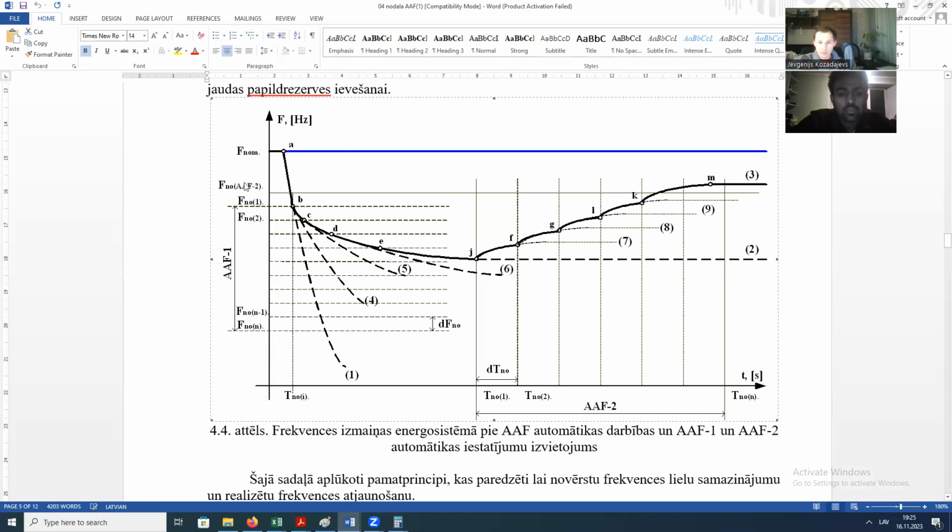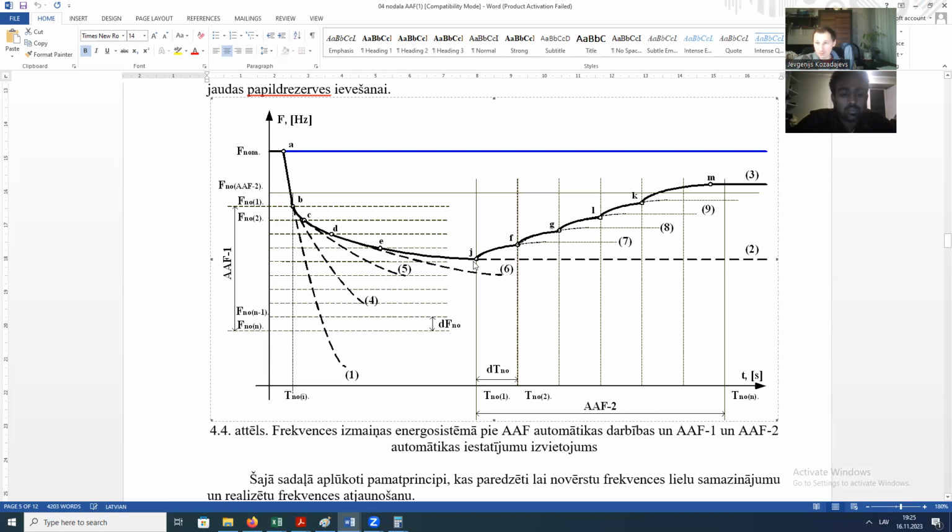So under frequency automation part 1 stops its job when we have the balance in point J, and part 2 starts to operate by a time set point. Here it is a time set point.